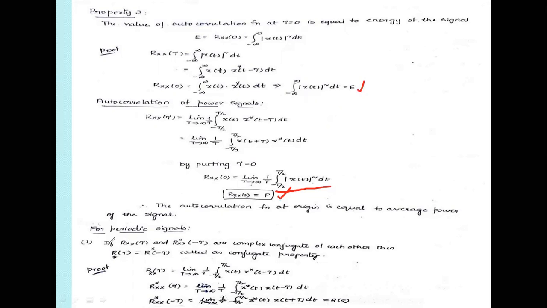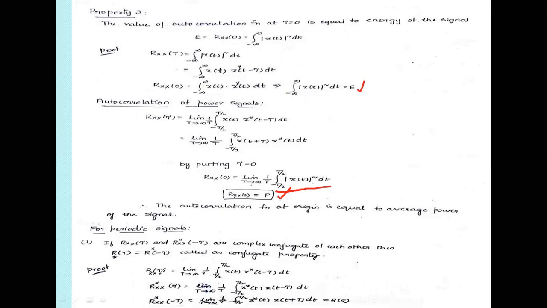For periodic signals, if Rx of tau and Rx conjugate of minus tau are complex conjugates of each other, then R of tau is equal to R conjugate of minus tau, called the conjugate property. We already saw the energy signal also.